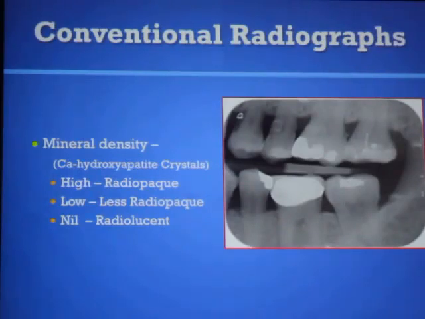So if we just translate that understanding onto the normal dental radiograph, we can see different objects because some objects are high density with the calcium hydroxyapatite, some will be low calcium hydroxyapatite crystals, and some wouldn't have anything.